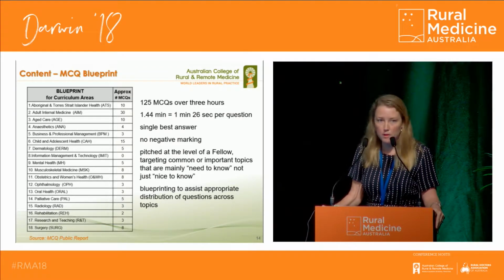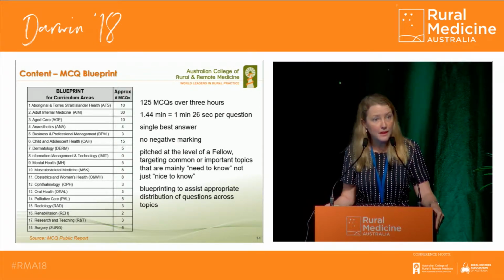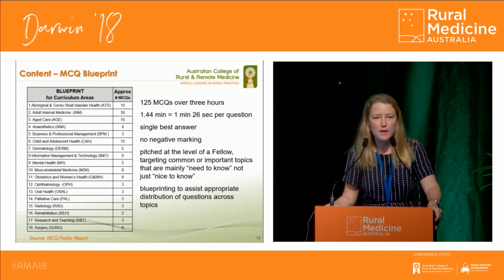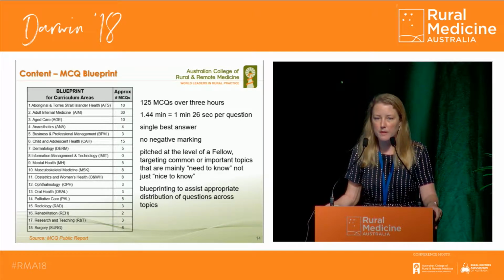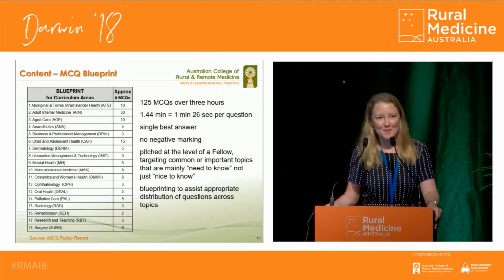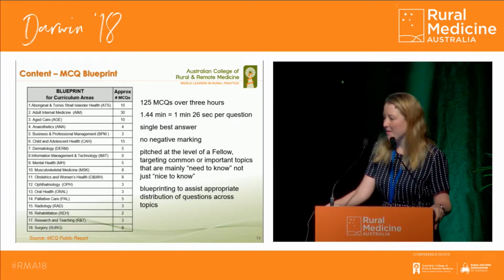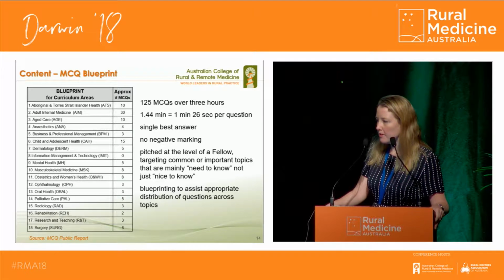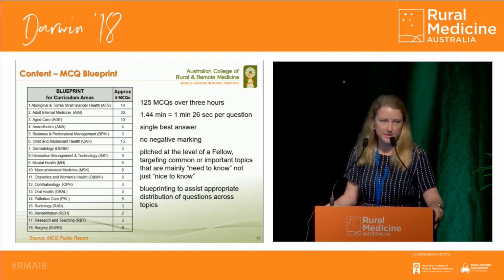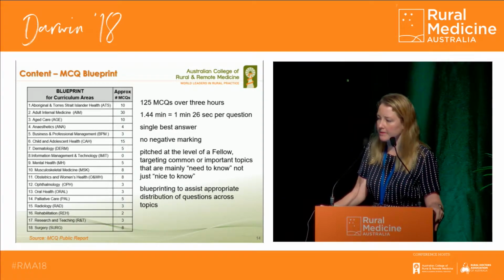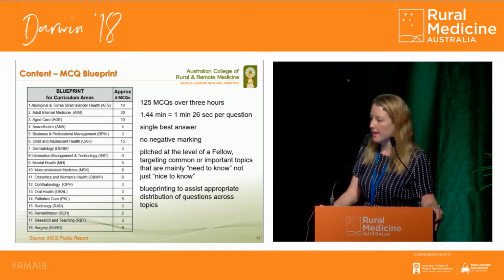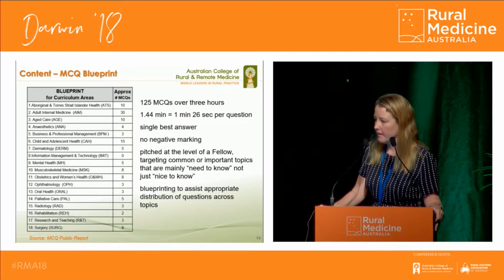And this is available from the ACRRM website, the MCQ public report, and it's also in your fellowship assessment handbook, which I'm sure is really well thumbed. Okay, so you've got about 1 minute and 26 seconds per question. And it's the single best answer with no negative marking, and it's pitched at the level of a fellow.